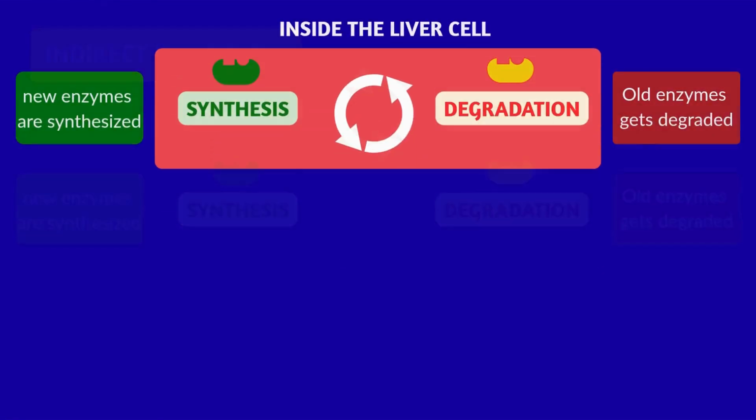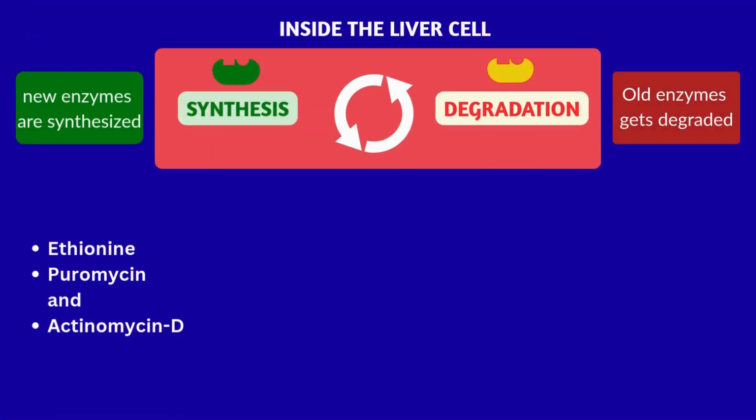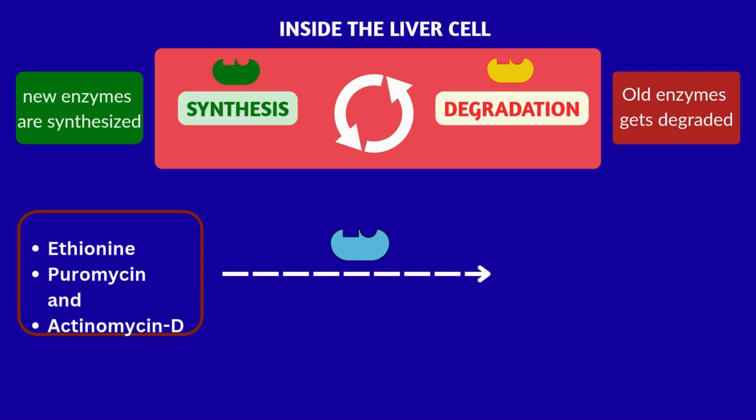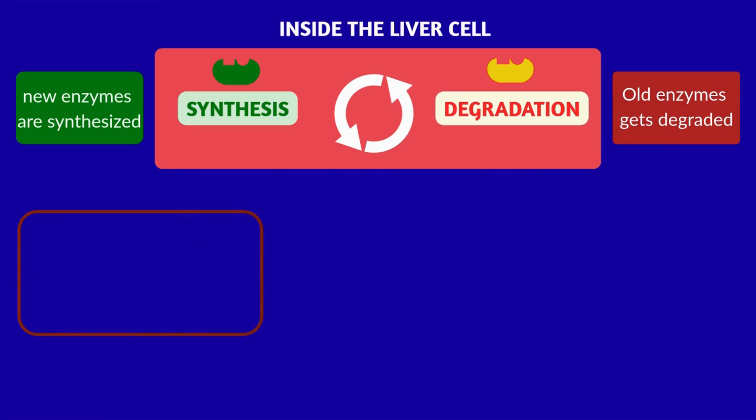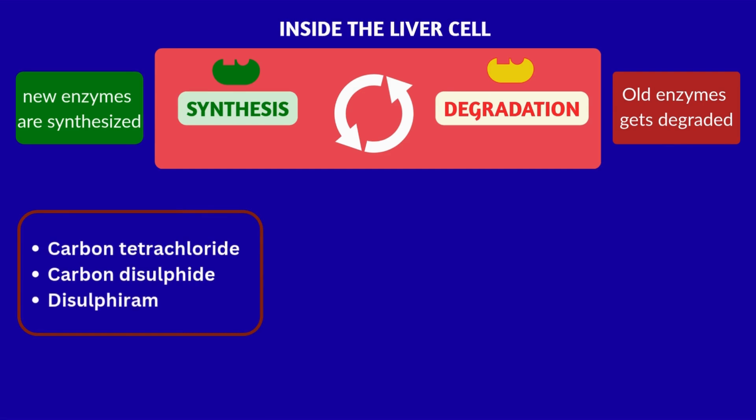Now, there are some drugs like ethionine, puromycin, actinomycin D. If a person takes any of these drugs, they inhibit the synthesis of new enzymes required for metabolism. With fewer or no new enzymes, less metabolism of the drug happens and the drug level rises inside our body, ultimately causing serious effects.